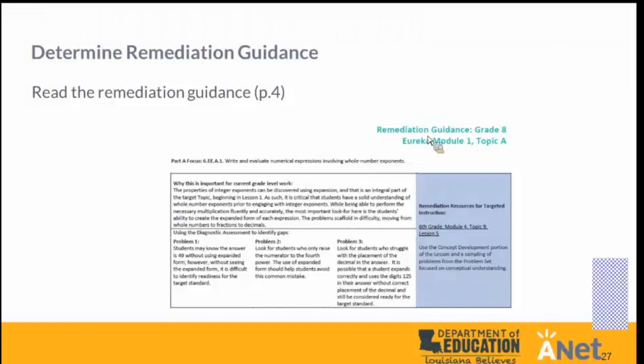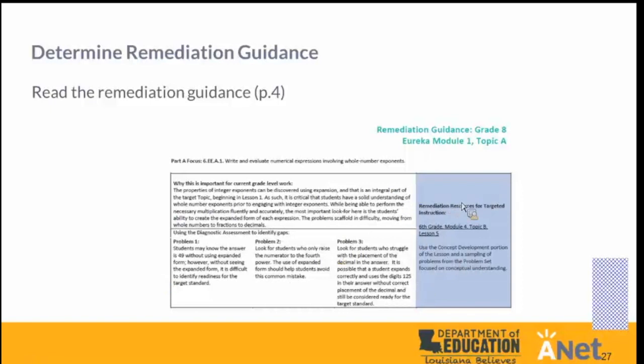As you can see as you read, the remediation guidance will highlight the focus standard and it will include the text of that prior grade level standard. Then there's a brief description of why the standard is important for grade level work. And then they give a little description of each problem from the diagnostic assessment, sometimes giving common errors that you might see or suggestions for working with students that don't solve that problem correctly.